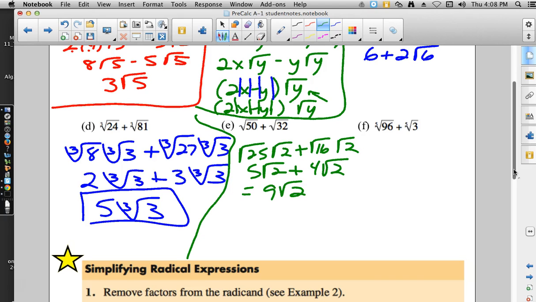Cool. Now, if you're worried, how am I supposed to know which perfect squares will work for what? If they give us these problems, generally what you want to do is take the smaller of the two numbers and simplify it first. Because if the problem is going to work, notice in this case the cube root of 3 had to be added to the cube root of 3.